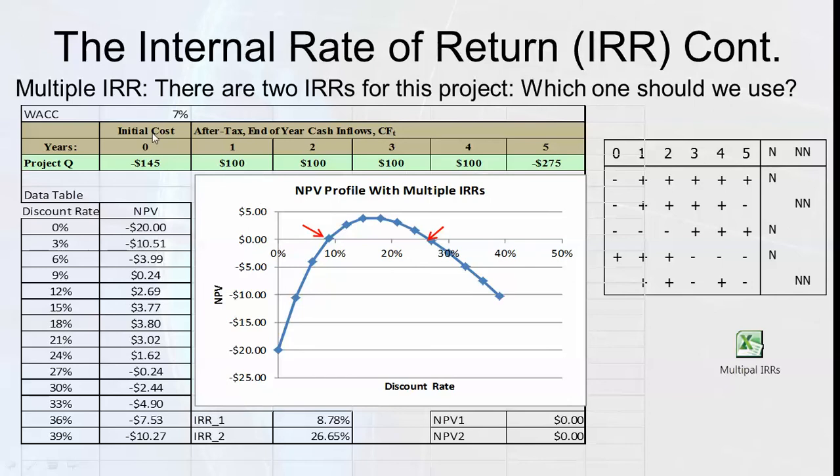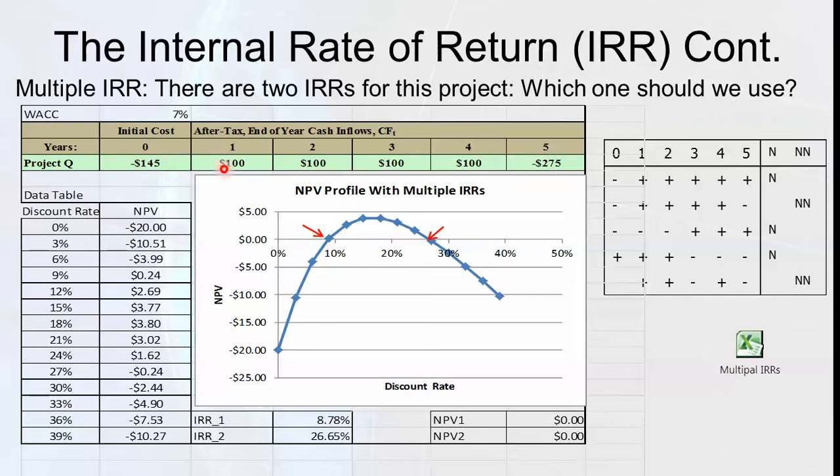So as I explained earlier, internal rate of return has a problem because it can have multiple internal rates of return. Okay, so let's use another example here. This is project Q, and it's not the same example we used earlier. So this project has this cost, and these are cash flows, and basically the last cash flow is negative. Okay, so this is non-normal cash flow.